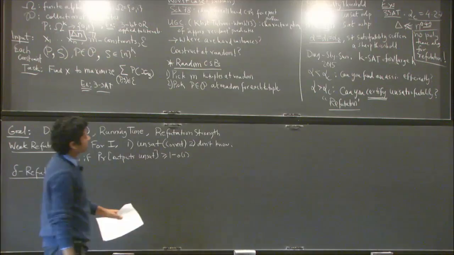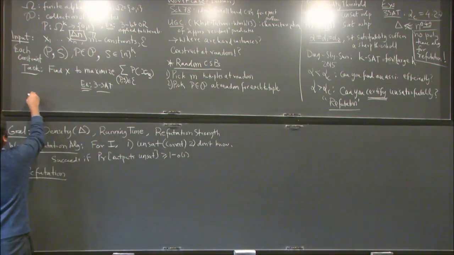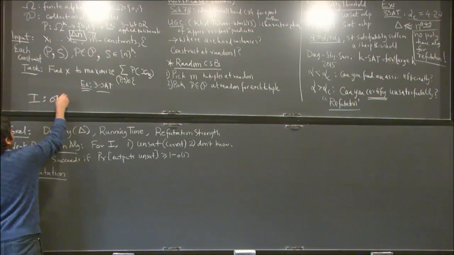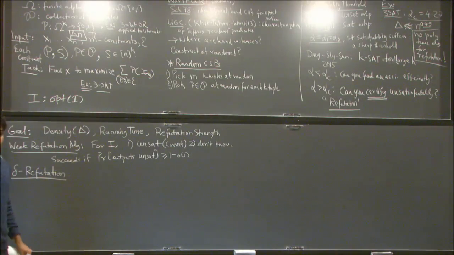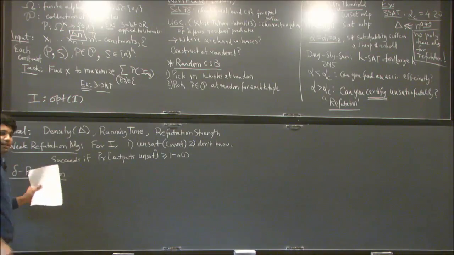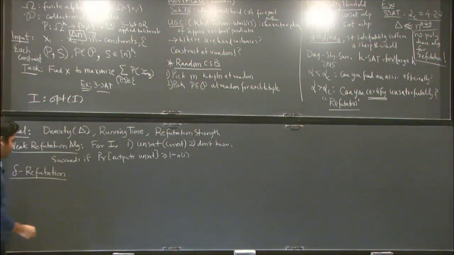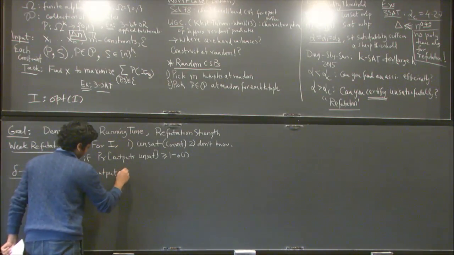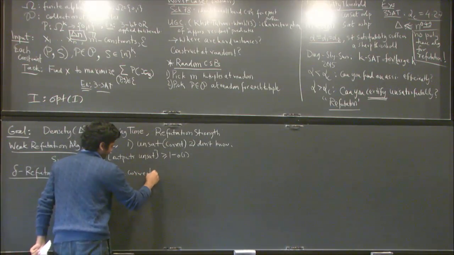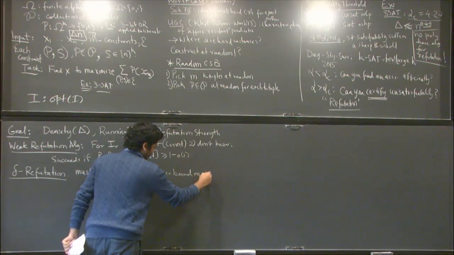For any instance I, define opt_I as the maximum fraction of constraints that can be satisfied by any assignment. The delta refutation problem asks you to always output a correct upper bound on opt_I.